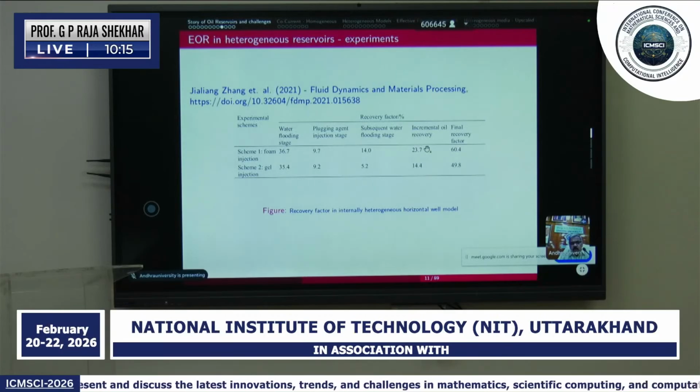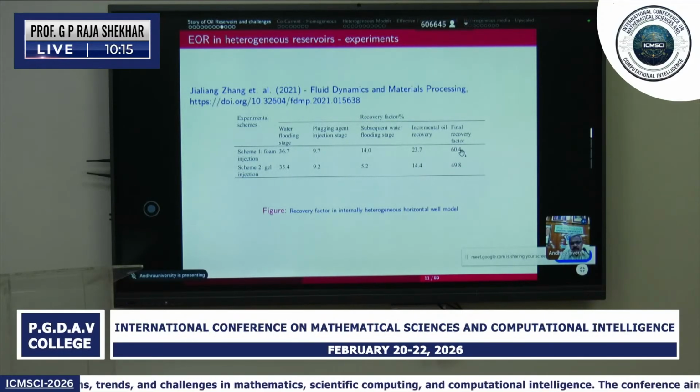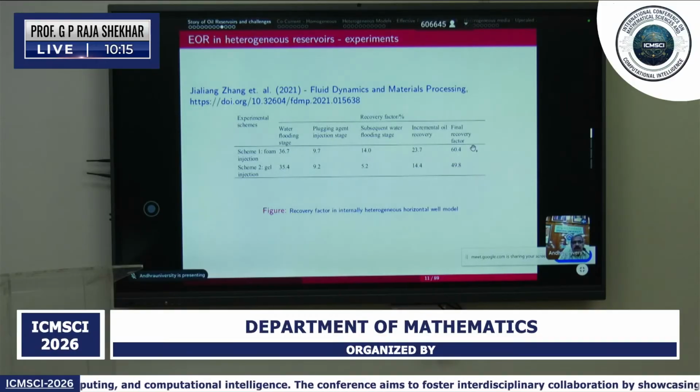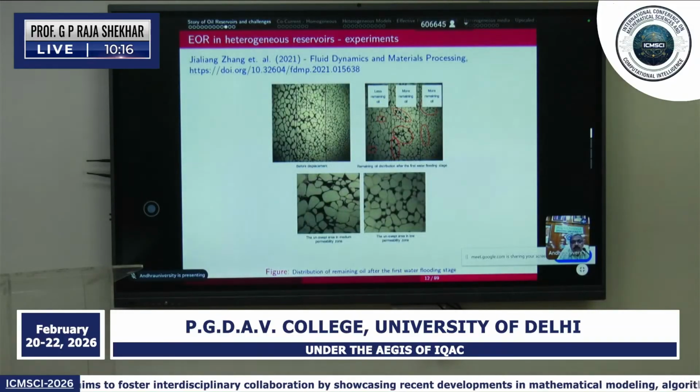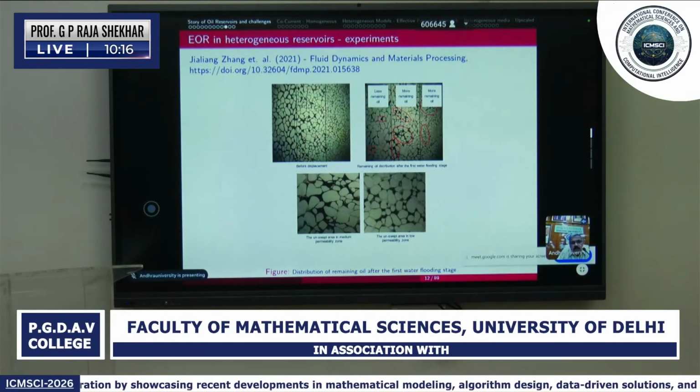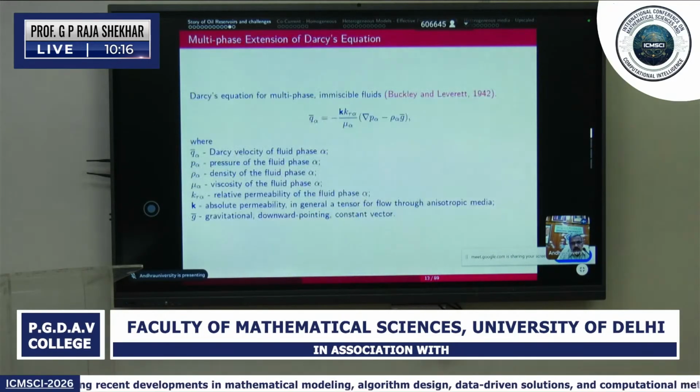So the total recovery in case of foam is 60% and in case of gel close to 50%. But in a real scenario, you won't see this. So large scale simulations, you will see a little later. So the direction, the spatial dependency, which is the heterogeneity, is a challenge.